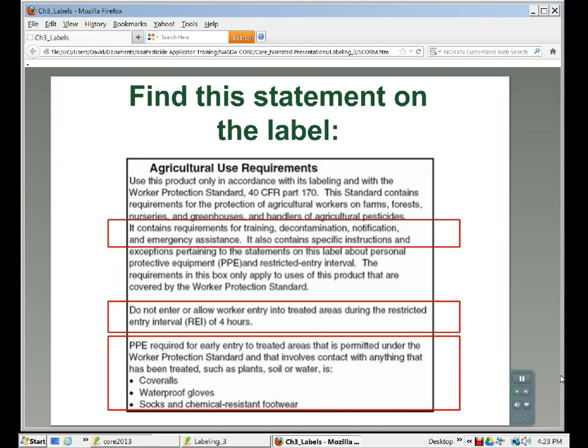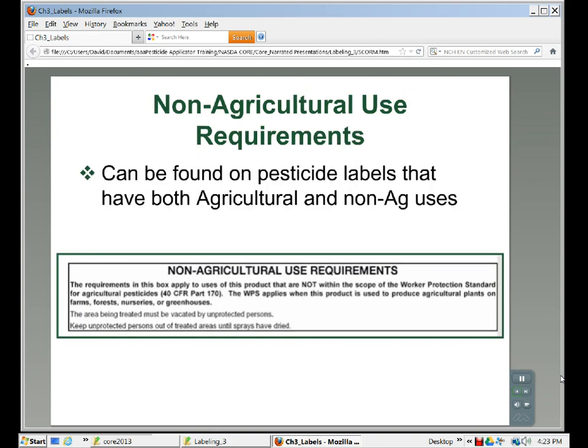Again, this section lists the REI and PPE requirements for early entry workers. Some product labels have both an agricultural use requirements box and another box titled the non-agricultural use requirements. This area of the label has special restrictions and safety precautions for the non-agricultural user. Make sure you're in compliance with this section if it applies to your application.